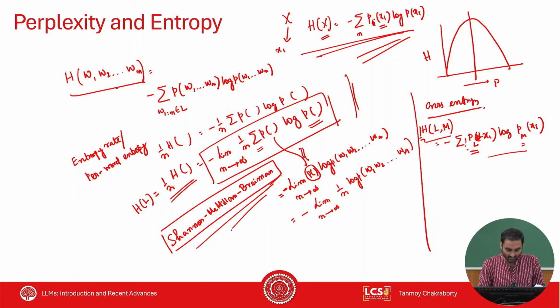So if we apply the theorem again, the cross entropy can be written as limit n tends to infinity minus 1 by n log of PM. In our case, xi is essentially w1, w2, dot dot dot, wn.